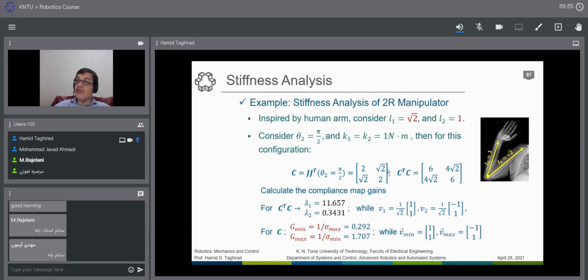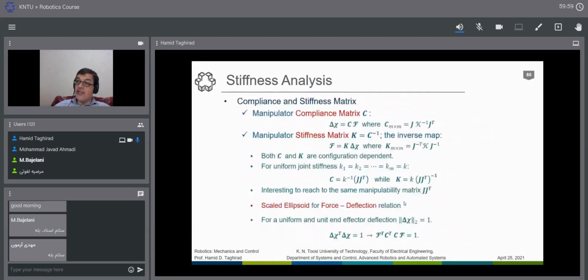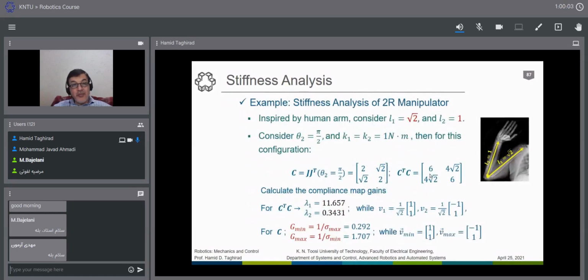Of course, C transpose C has inherited from JJ transpose the eigenvalues and the eigenvectors, especially the eigenvectors. The eigenvalues are becoming larger. You see here we have 2, here we have 6. So the eigenvalues are becoming larger, but the eigenvectors are the same.